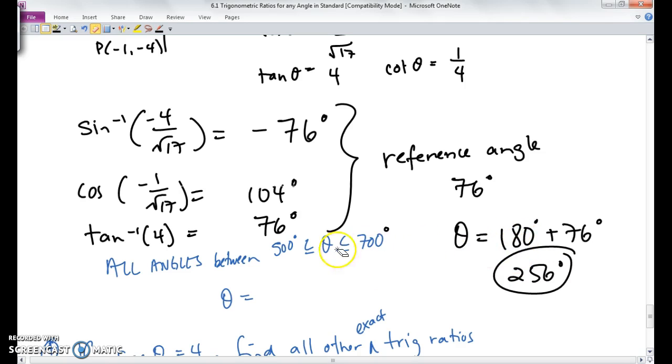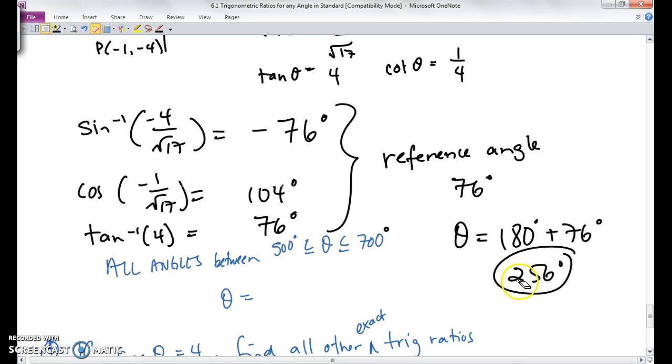But what if I change the domain for it on you? What if I wanted the angle to be between 500 and 700 degrees? What would I do to find an angle that has those tan, sine, and cosine ratios, but that is between 500 and 700 degrees? Alyssa? Yeah, we would either add or subtract 360 for us.